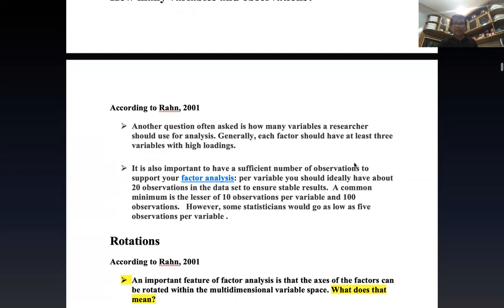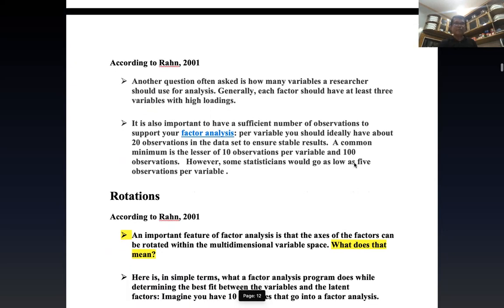Per variable, you should ideally have about 20 observations in the data set to ensure stable results. A common minimum is the lesser of 10 observations per variable and 100 observations. However, some statisticians would go as low as 5 observations per variable.